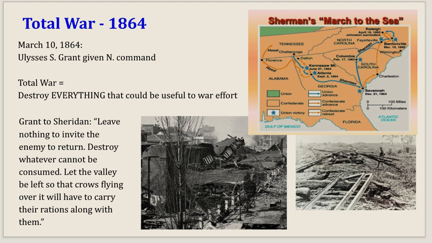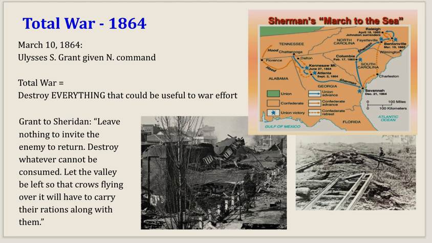This is different from what was happening before, because before, soldiers fought soldiers and destroyed things that other soldiers might need. Total war means destroy everything that could in any way possibly be useful to the war effort. So if you walk through a country field and there are crops being grown there, you burn them, even if they're just owned by a random civilian farmer, right?